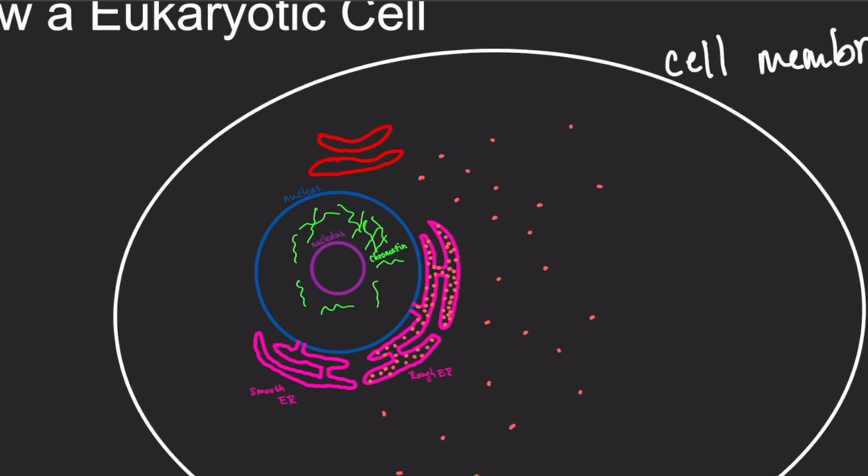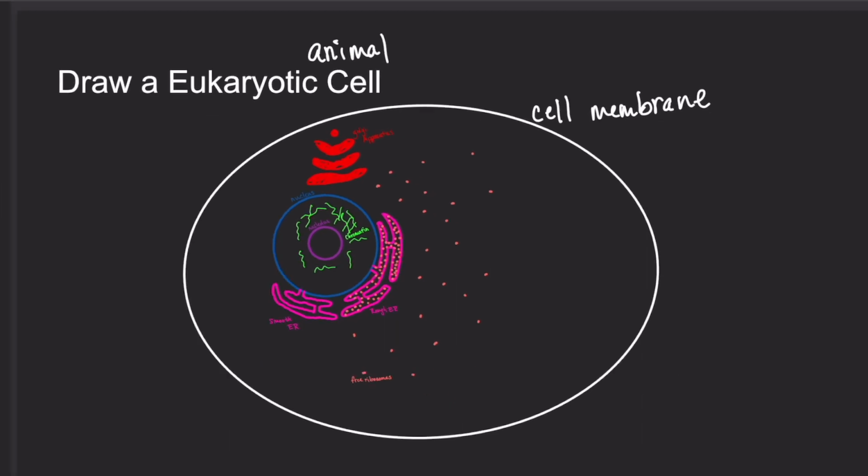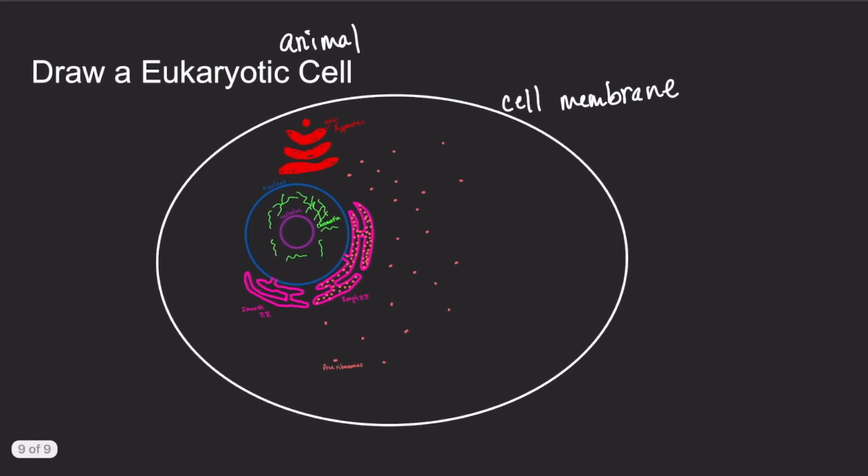Okay. This here is the Golgi apparatus. So label it as the Golgi apparatus. Okay. Next, what do we need?